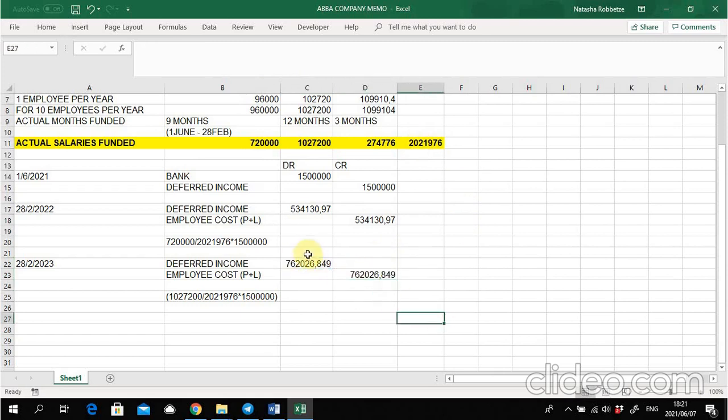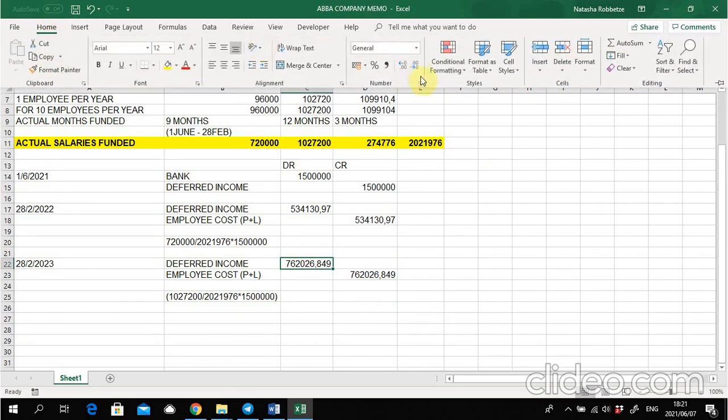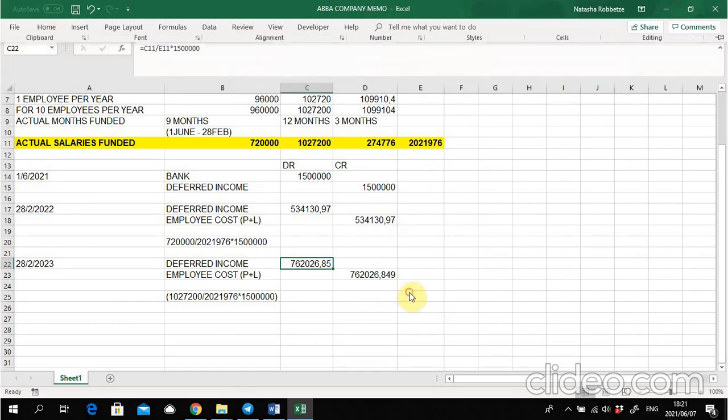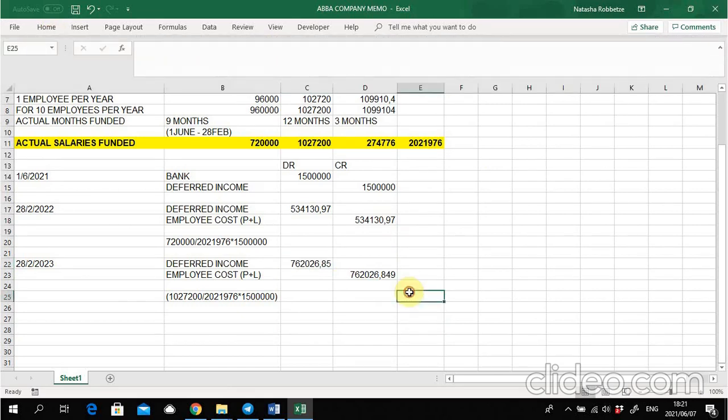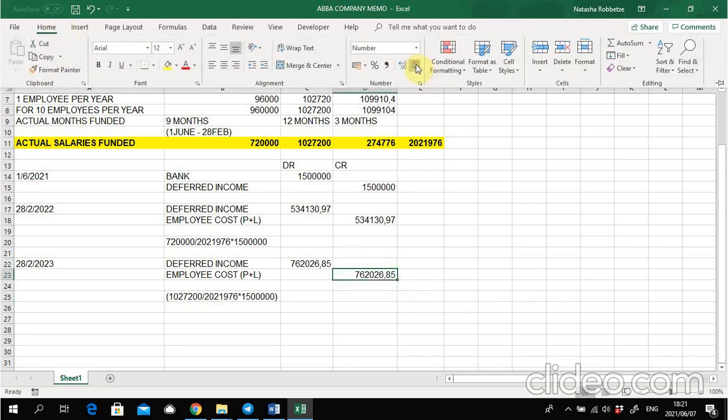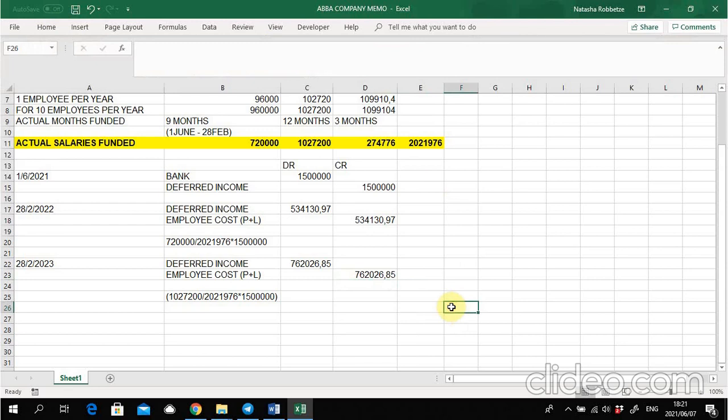So for the year ended 2023, we are going to book 762,026.85 out of deferred income and move it against employee cost. Right, wonderful. So this is the entries that you should have done to account for the government subsidy as a deferred income that covers employee remuneration.